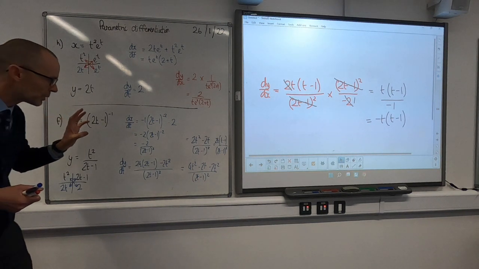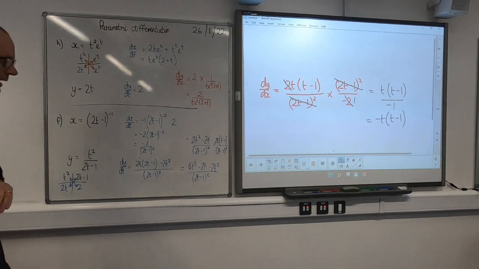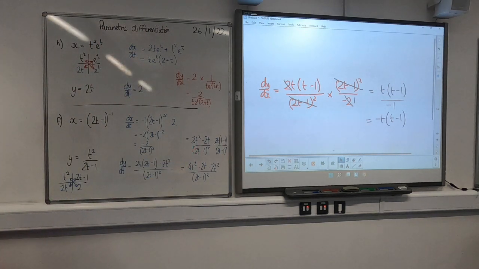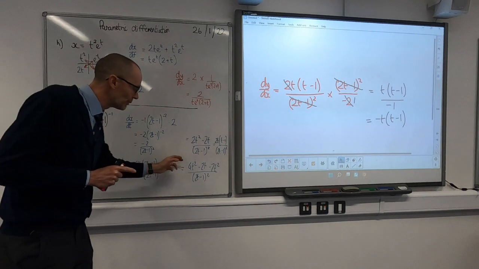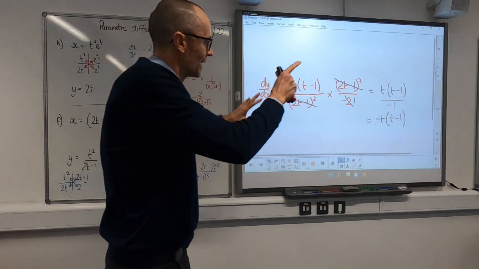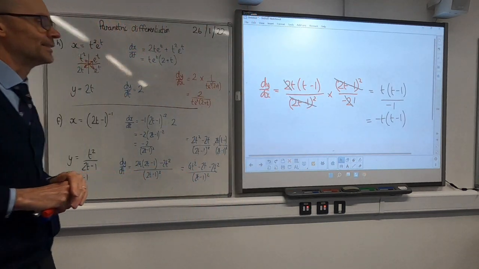When I'm using the quotient rule, it often makes sense to leave the denominator unexpanded, but for the numerator, there's value in expanding. And then don't forget the potential for cancelling at the end.